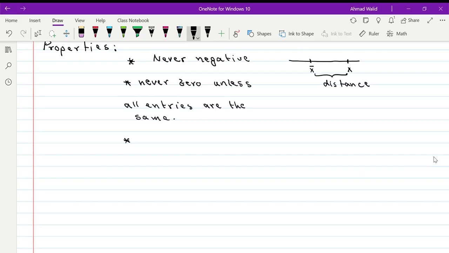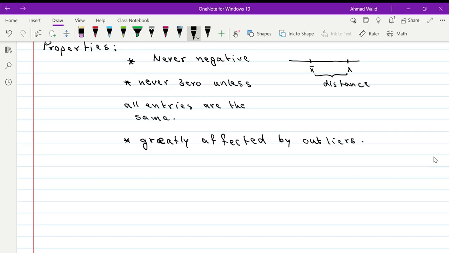Characteristic number 3, or property number 3, greatly affected by outliers. Correct?